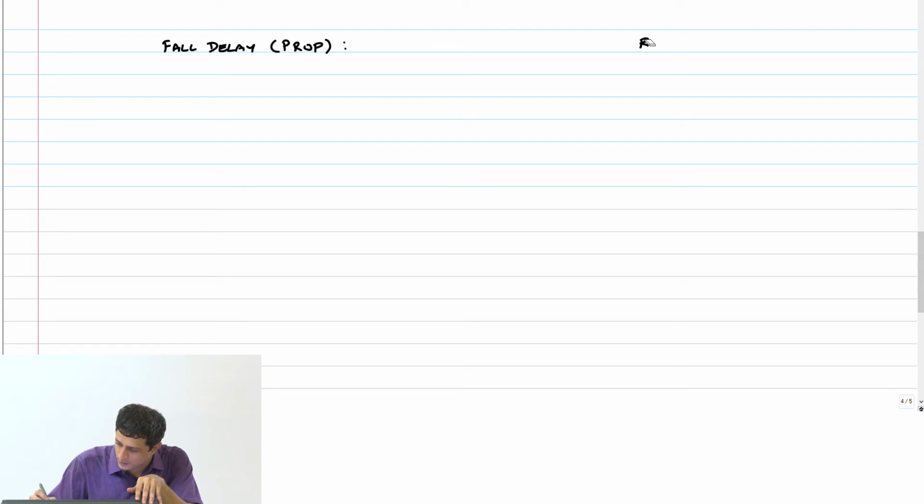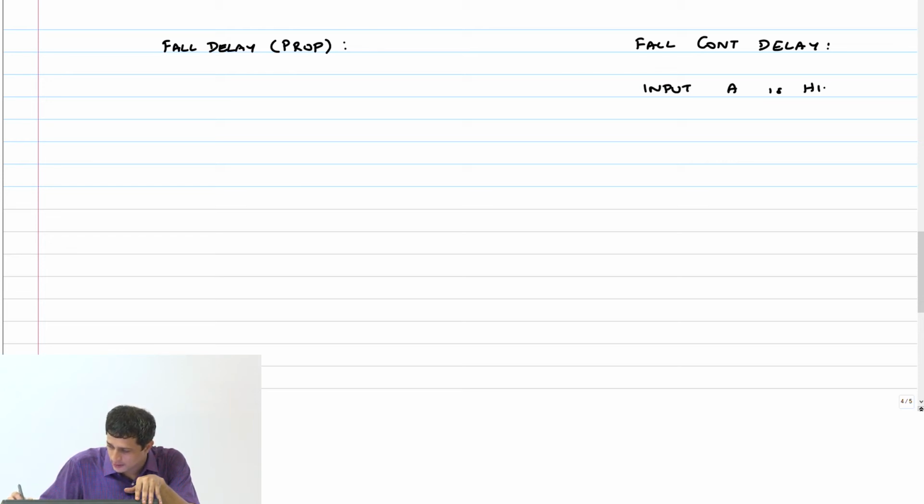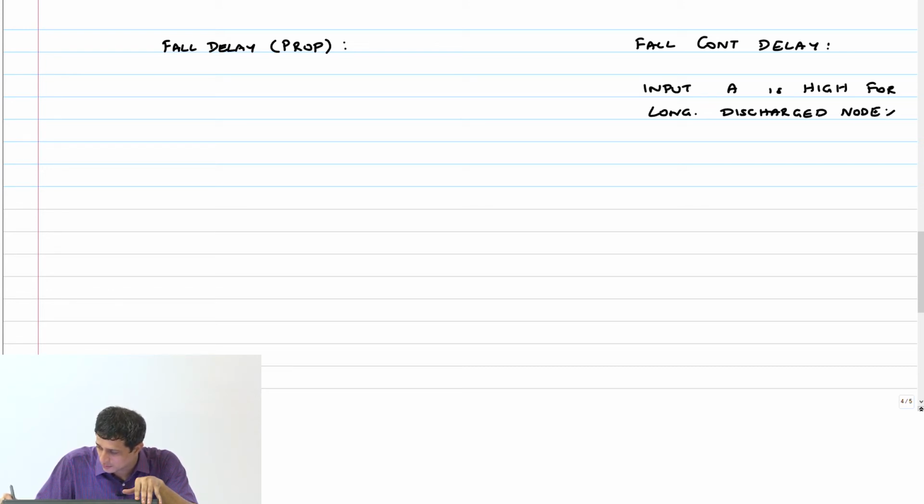Fall contamination delay. Input A is high for long, and discharged node X. Therefore, if you look at the equivalent RC circuit, you have the node Y with a capacitance of 6C.